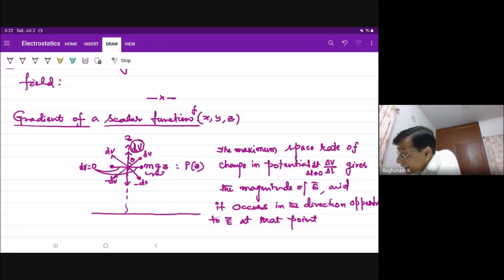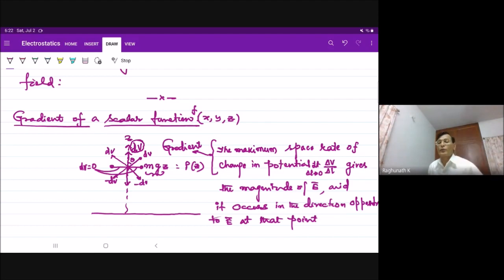This maximum space rate of change in the potential is called the gradient of potential. Normally gradient is slope, but gradient here is maximum slope, maximum space rate of change in potential. And that gradient is equal to the magnitude of electric field intensity at that point, and it occurs in the direction opposite to the electric field intensity. Because of which E bar is minus del V, we call it.